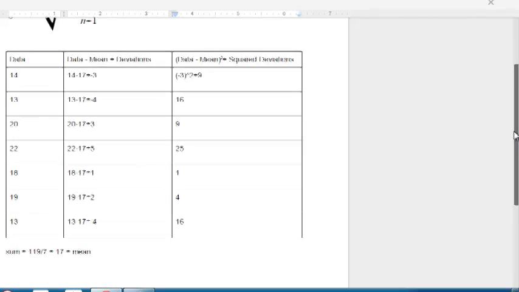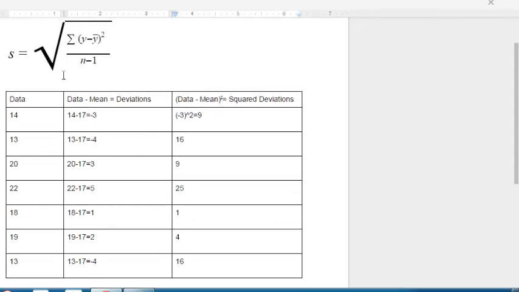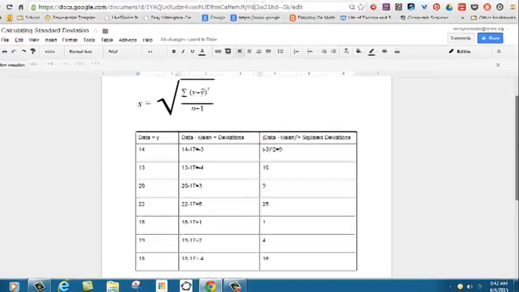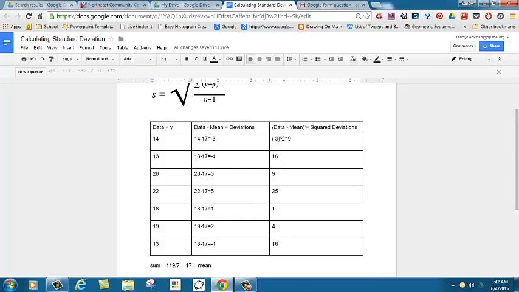And so in my formula up here, this is the formula I'm using for standard deviation, each one of the y here is the data value, and then the y bar is the mean. So each number here in this column is my y, and each number here is y minus y bar.